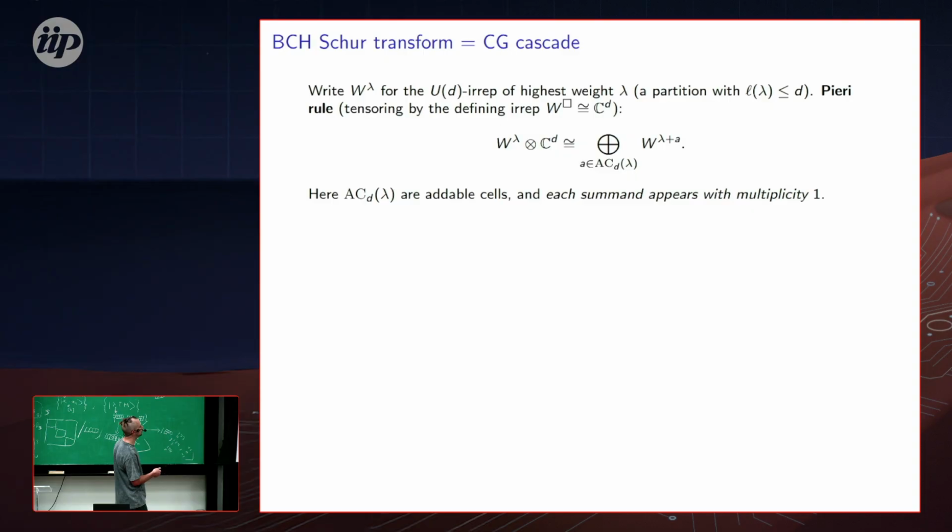And here, these are the addable cells. If you have some diagram, you cannot put the new box anywhere, so there's a set of possible places where you can put a new box. And those are the new diagrams that you iterate over.